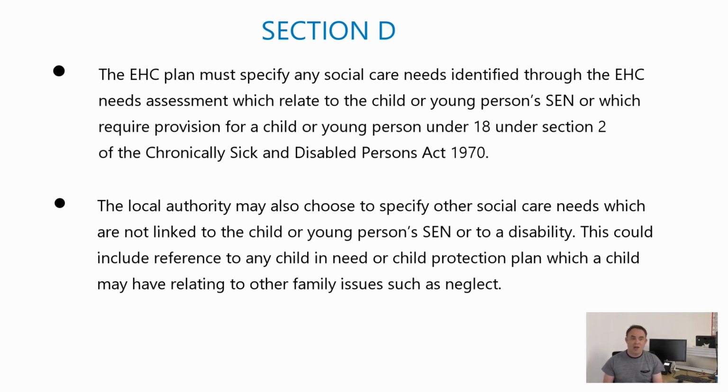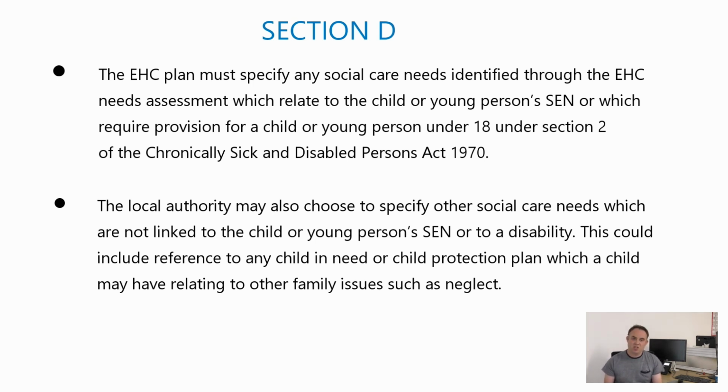You might also have reference in this section if the child is subject to child protection plans, or where there have been concerns about a child's care. So if the child's been neglected and that's been investigated by the local authority, that's where that could be identified.